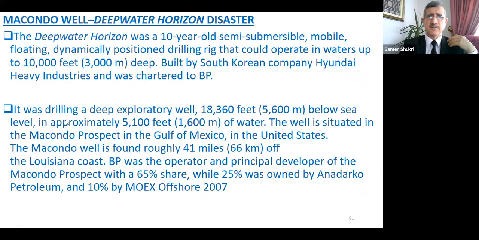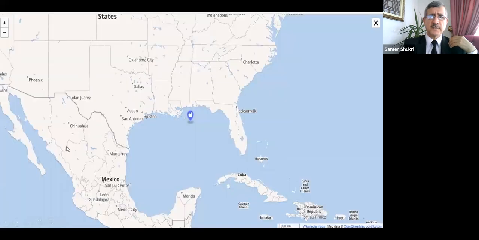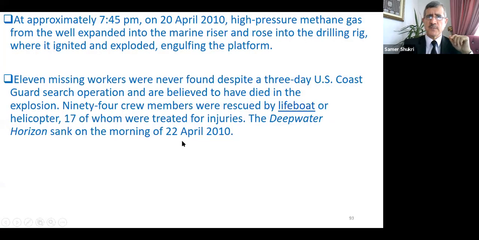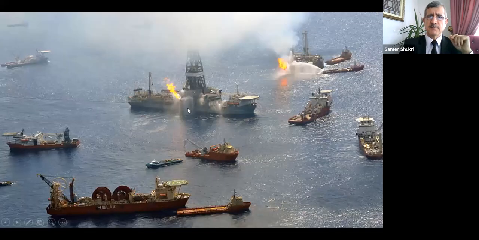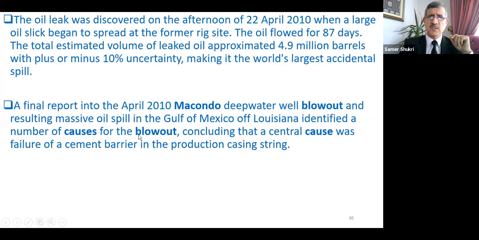We can go to this incident where 4.9 million barrels of oil spilled into the sea in the Gulf of Mexico. We can give you some explanation about it. 11 persons were killed in April, this incident passed 4 or 5 days ago.